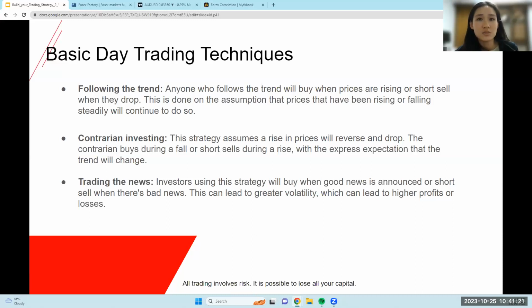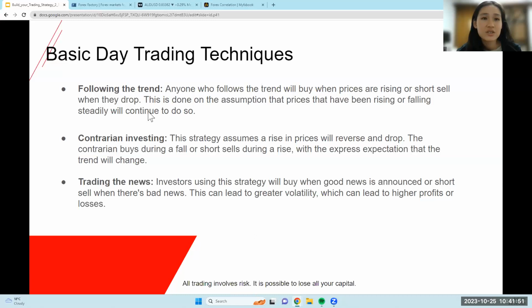But this is done on the assumption that prices that have been rising or falling steadily will continue to do so. Contrarian investing. This strategy assumes a rise in prices will reverse and drop. The contrarian buys during a fall or short sells during a rise with the express expectation that the trend will change. So you can see why we typically recommend the first technique.